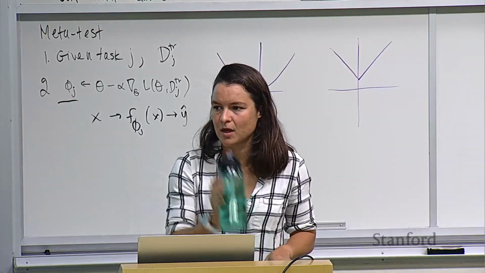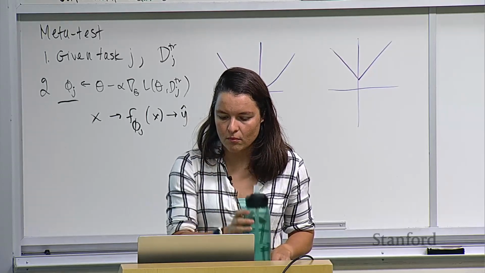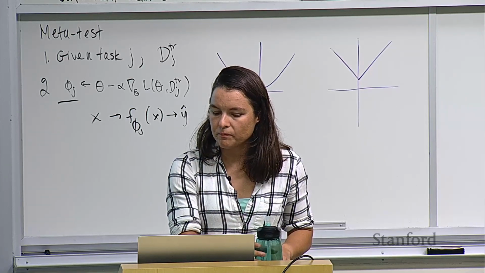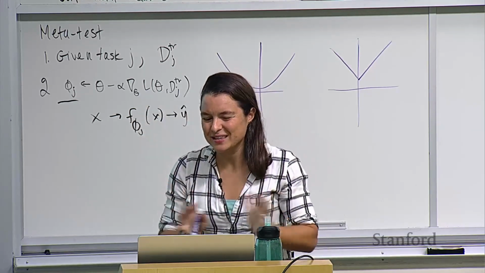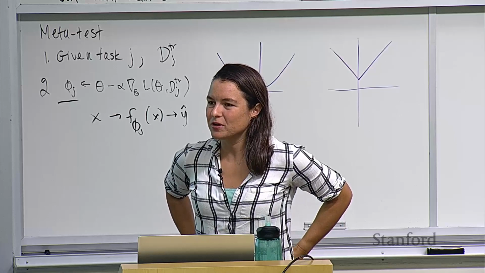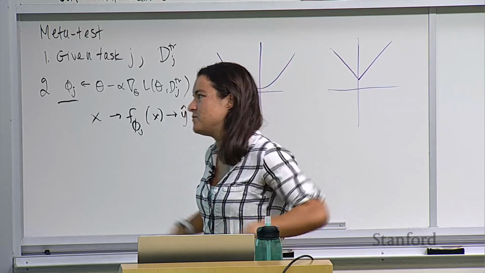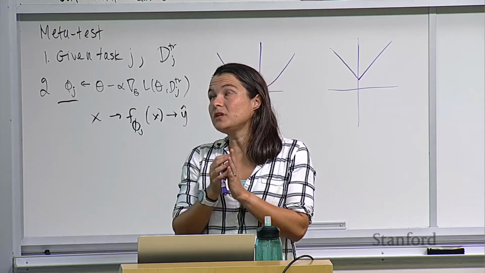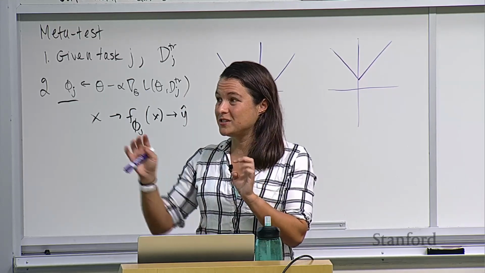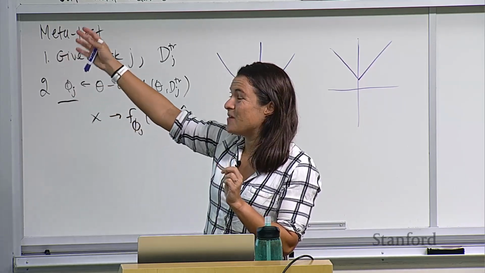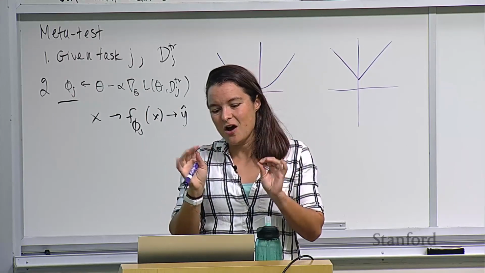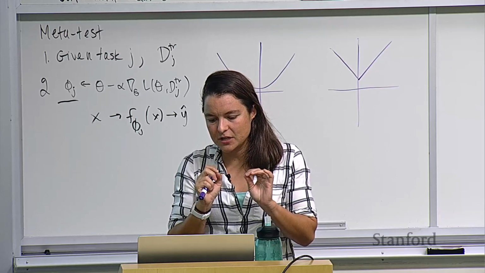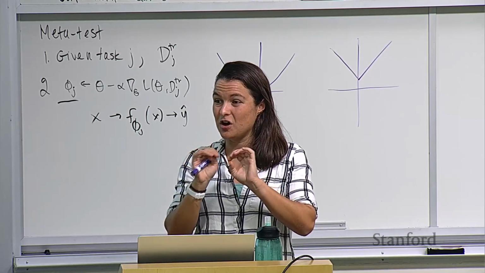Yeah? Why is it that the data points in the data set need to be unique? Yeah, this is getting into details that aren't super important, but the gist is that if you have duplicates of data points and you want it to give you different phi i's for different numbers of duplicates in the data set, it's hard to understand how many duplicates there are in the gradient.